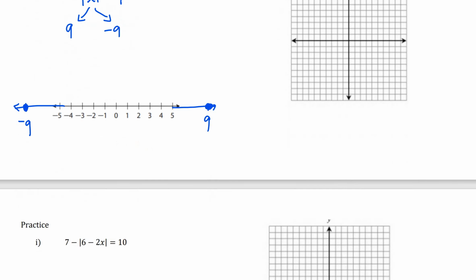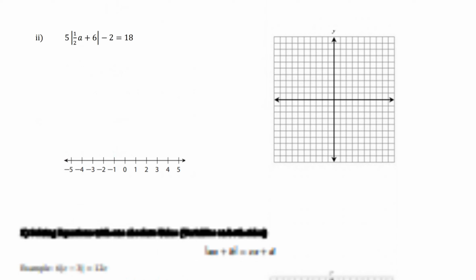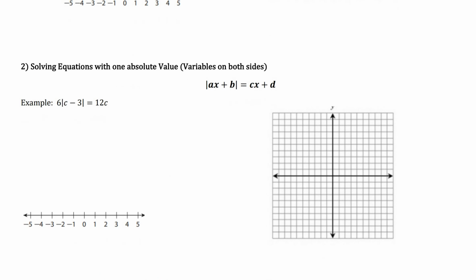Okay. All the rules are the same. If we have an absolute value of ax plus b, and the variables are here and here, the rule does not change. Same thing. Inverse of PEMDAS, we divide by 6 both sides.